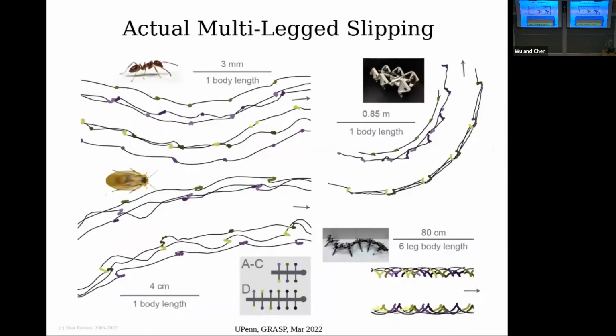So we compared some animals, ants, and I won't talk about the cockroaches. We also looked at our robots, both the 6-legged robot class that you saw before, and another large class of robot, which should be eerily familiar to folks in Mark Yim's lab here because they come from their designs originally.